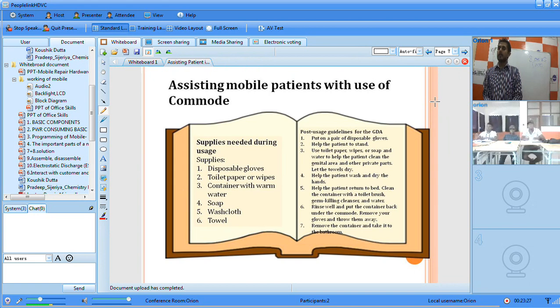Then, assisting mobile patients with the use of a commode. What kind of support or assistance is needed for such patients? You need to supply disposable gloves, toilet paper, wipes, a container with warm water, soap, washcloth, towels.